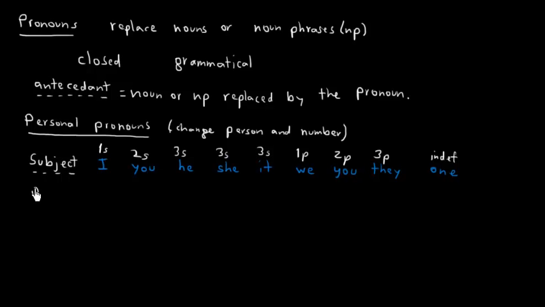Okay, but now if it's replacing the object, either the object of a verb or the object of a preposition, then we have a different set. Me, you, him, her, it, us, you, them, and one.